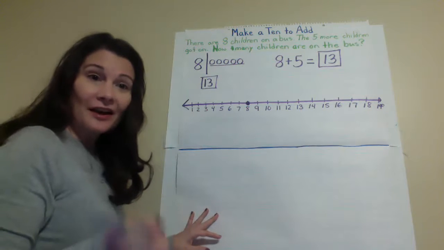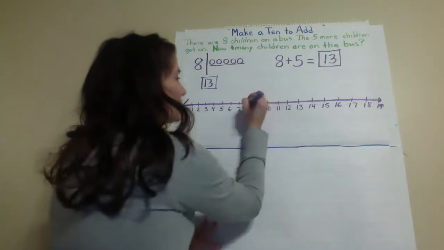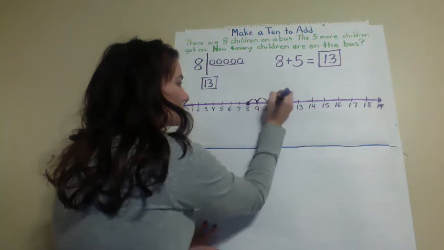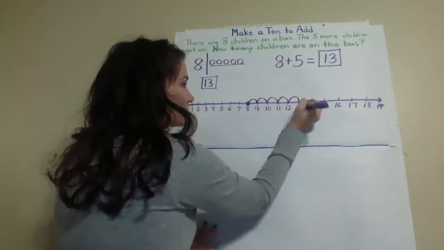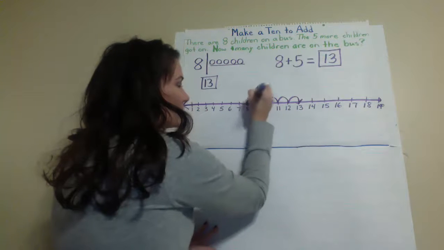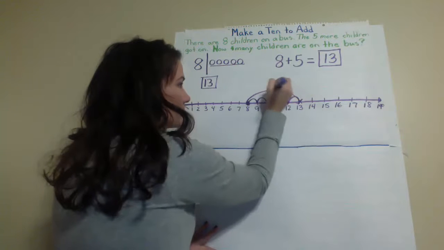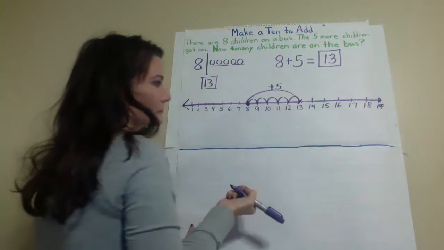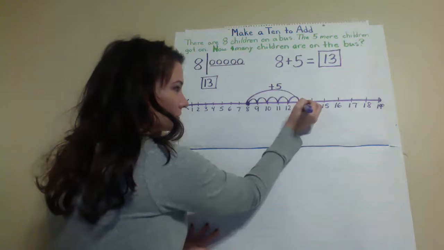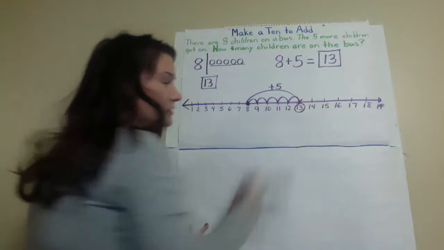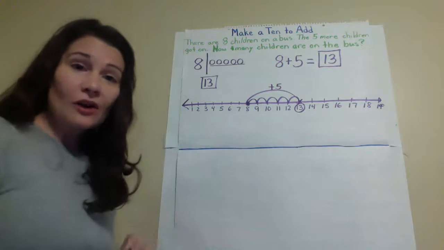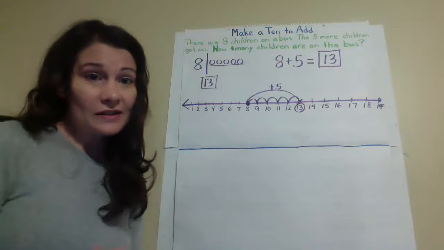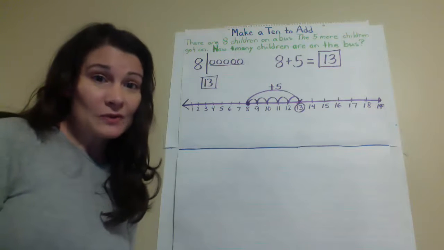That's right, 5 more. So they used 1, 2, 3, 4, 5. So they added 5. And what was their answer? 13. Those are 2 of the strategies that you've used to help you solve.